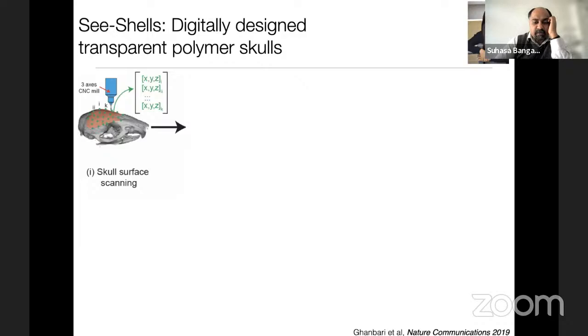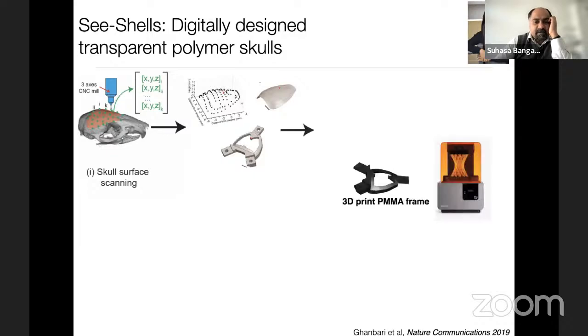And so you need to do this profiling on one mouse, and you can create a digital profile of the skull surface and use that to design these polymer skull implants that can be 3D printed using desktop 3D printers.